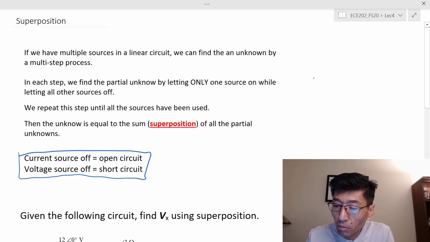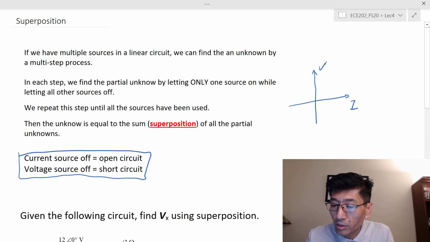In 201, we learned the VI curve. Let's say I have I here and V here. The voltage source looks something like this: for a constant voltage, the current could be anything.